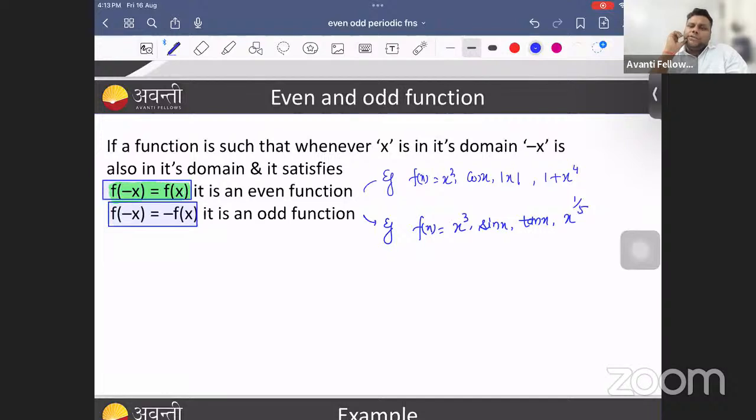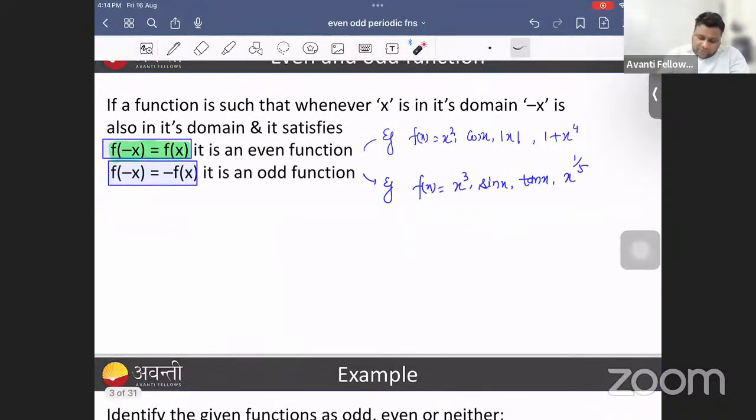Got it? So if f(-x) is f(x), the function is what we call an even function. If f(-x) is minus of f(x), the function is what we call an odd function. All right.